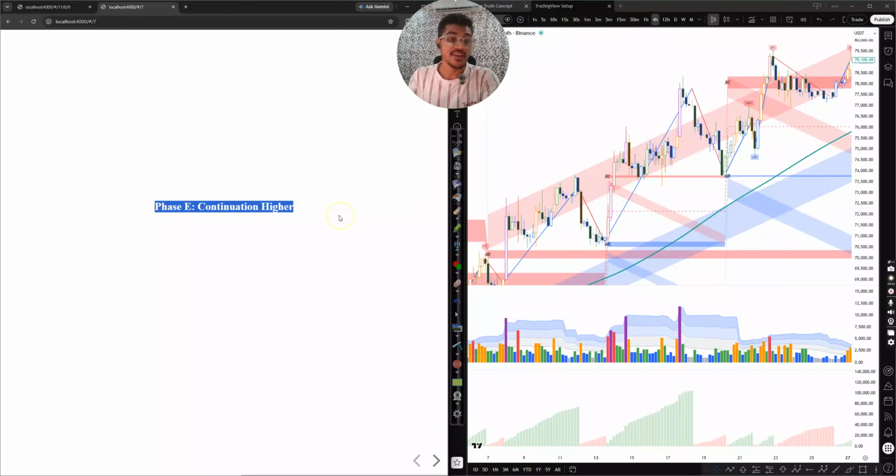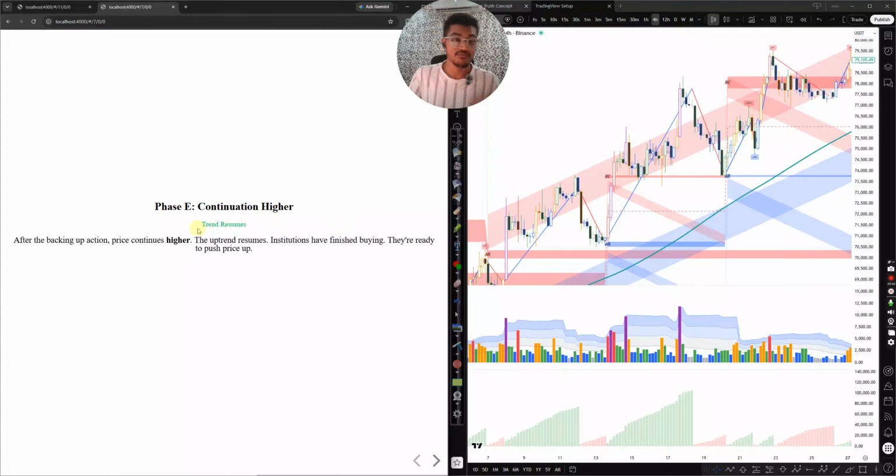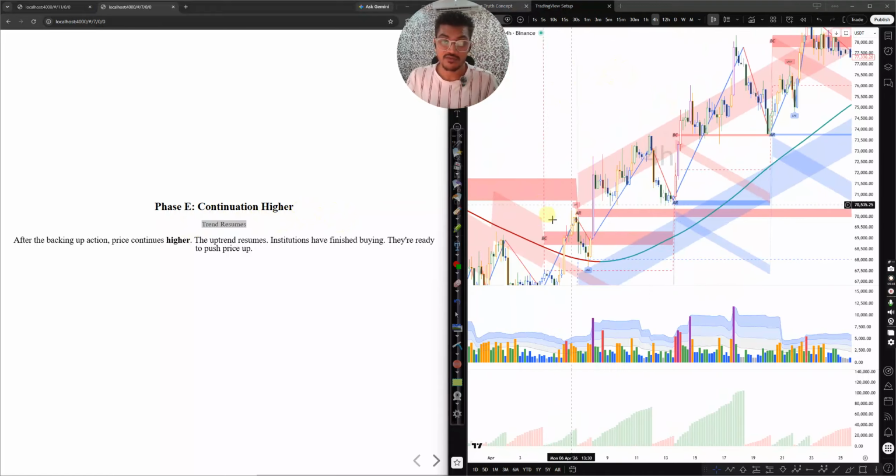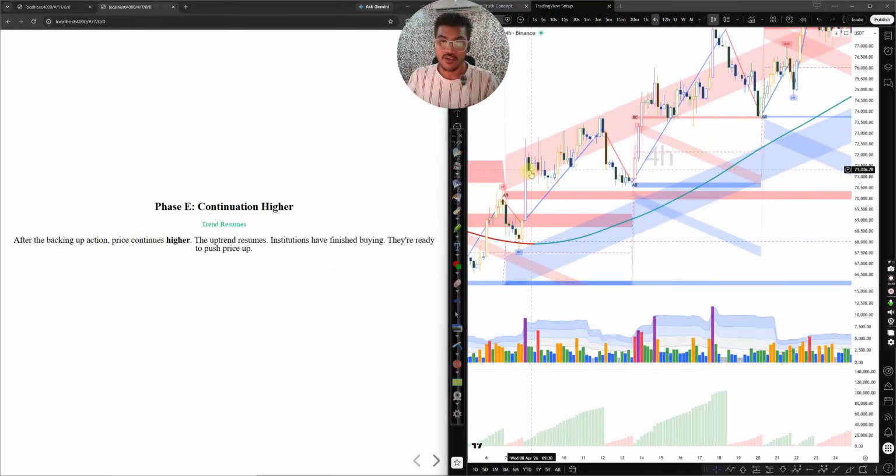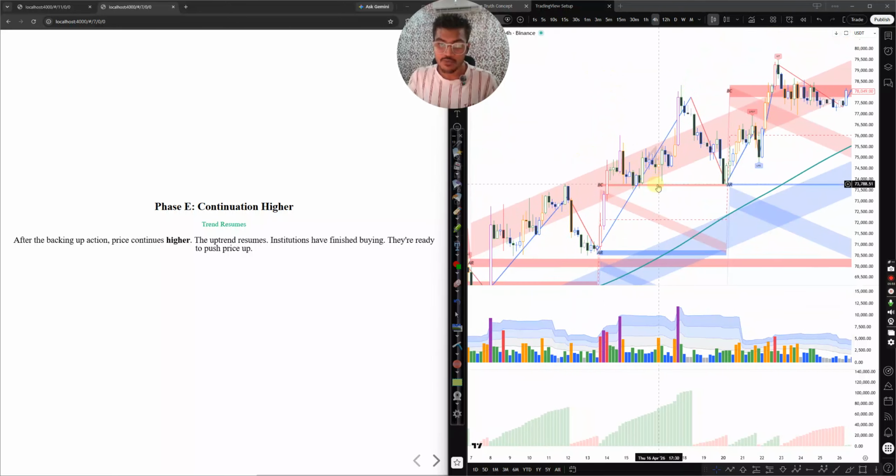All right. Phase E, continuation higher. So here the trend resumes. Very short pause and then the trend resumes. This is after the backing up action. You can see, when the price pulls back around here, then it goes up. You see, price pulls back and then goes up, right? So here price continues much higher and the uptrend resumes. Okay, institutions have finished buying and they're ready to push prices up.